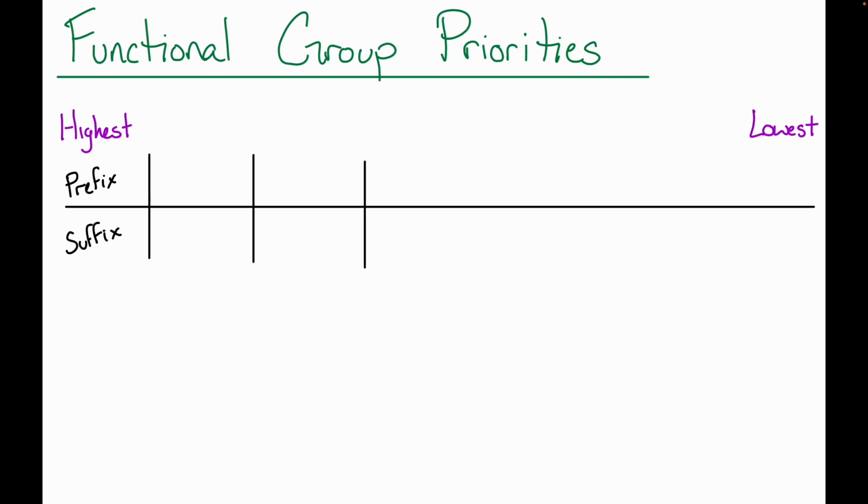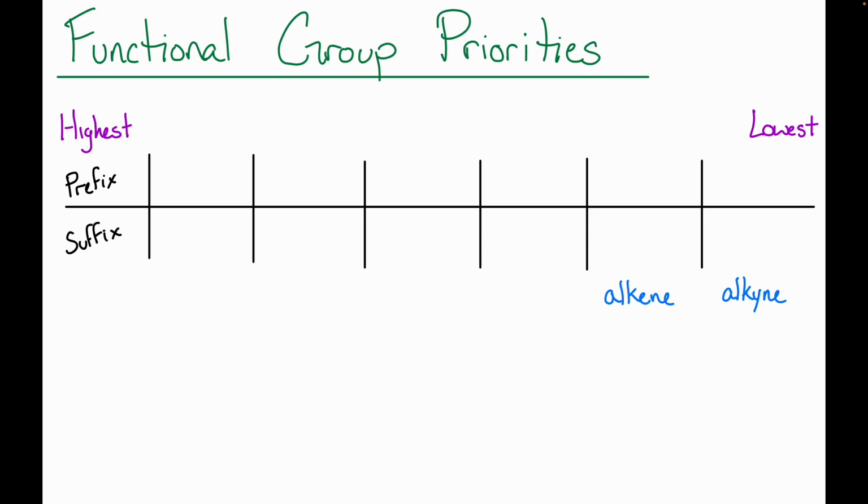Let's make this into 6 blocks. All right, so on the very end are our alkynes and our alkenes.